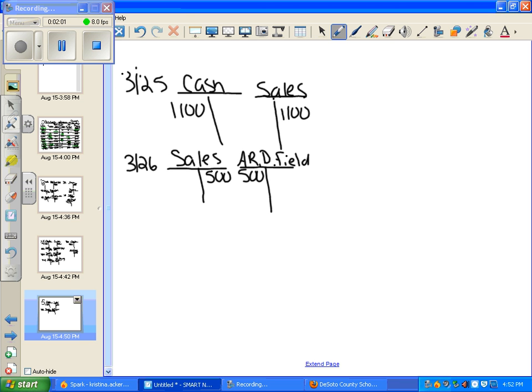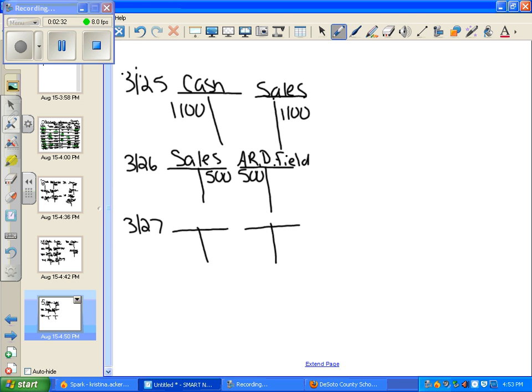On March the 27th, ran an ad in the local newspaper, paid $125 cash. Well, if we look at the accounts in application 2-2, if we ran an ad, we're certain that that would be advertising expense. So the two accounts that we're going to deal with on the 27th are cash, because we paid cash for the newspaper ad, and advertising expense.